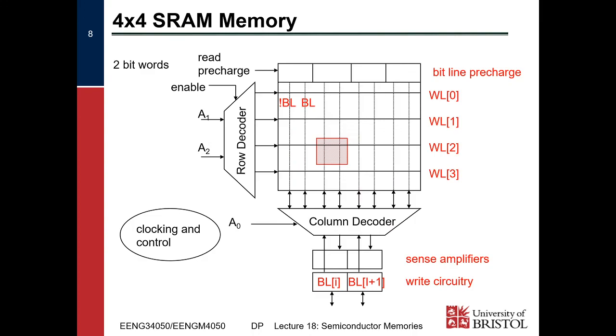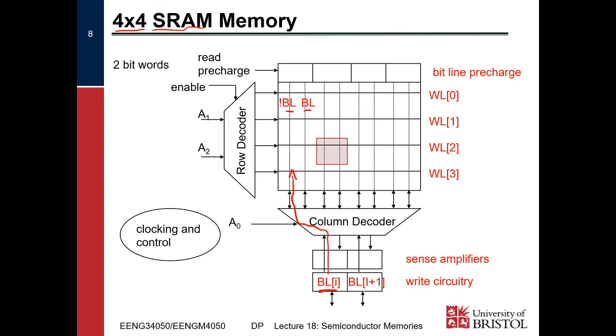If we look at a small 4x4 SRAM memory, we'll look at the SRAM cell in a moment. We've got our row decoder we saw earlier, we've got our column decoder that we saw before, and we have two things called bit lines. The column decoder connects the bit line and the bit line knot up to the cell, and sets them appropriately so that it can either read from or write to a cell.